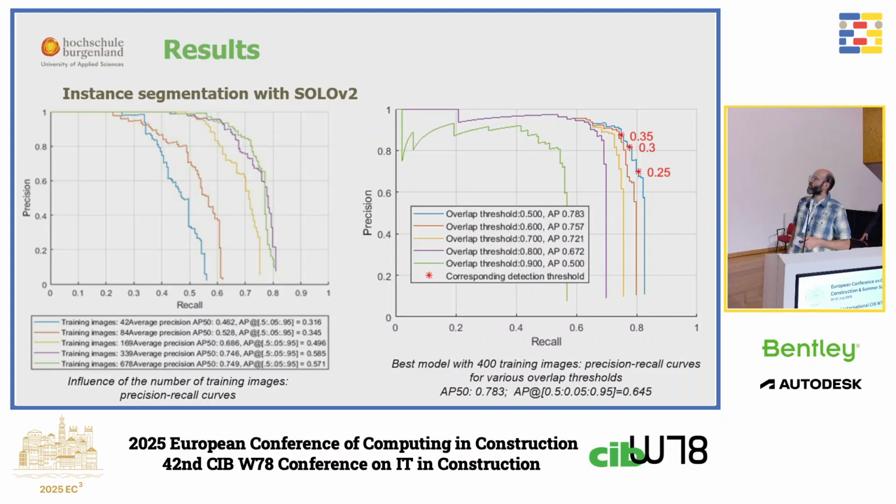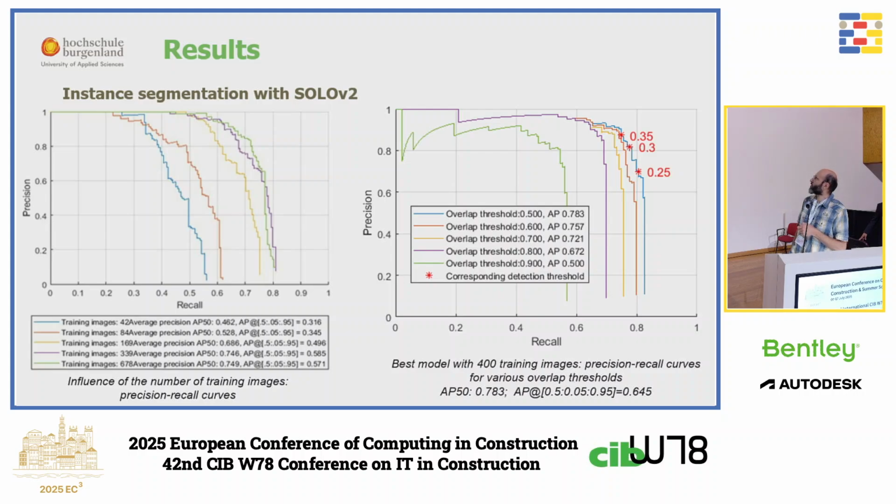What about the instance segmentation? You see here also increasing quality with up to 400 images, and stagnation beyond this.